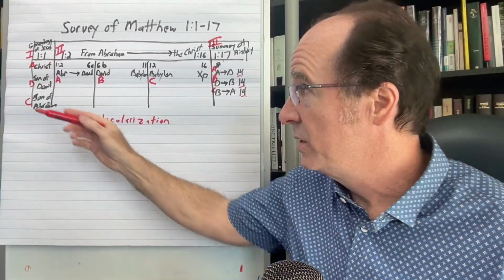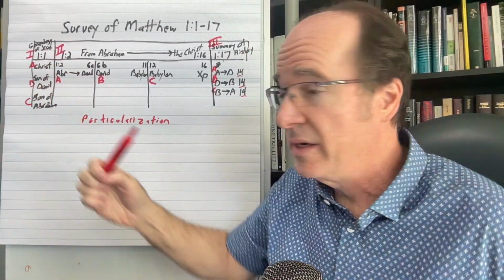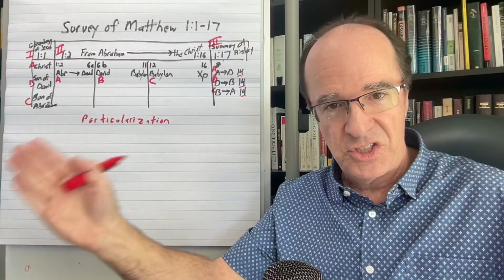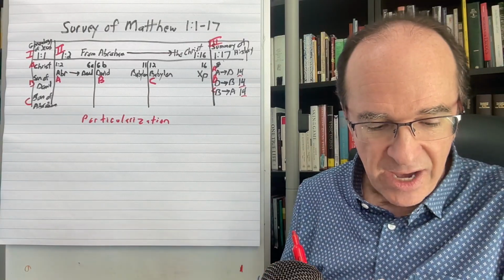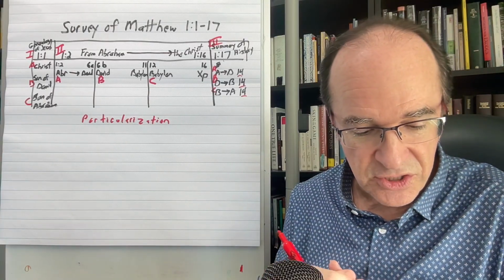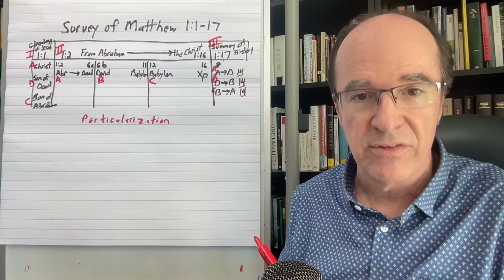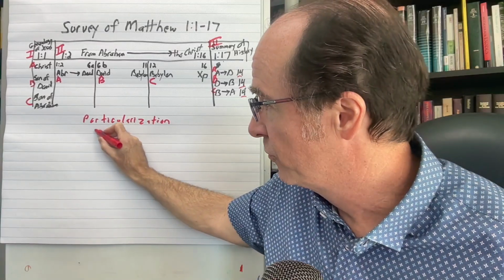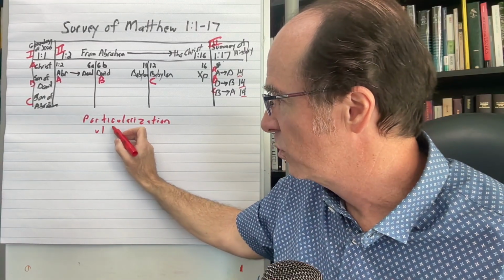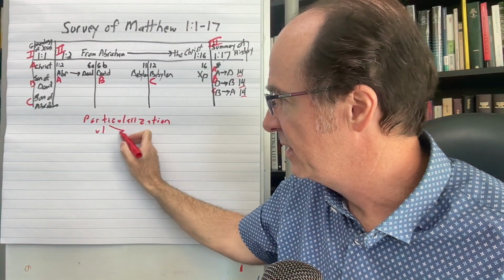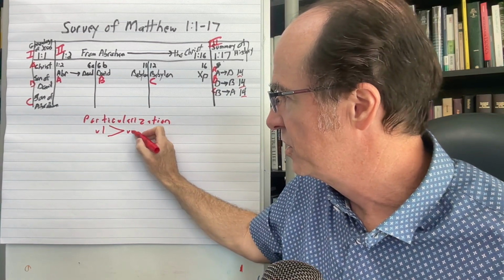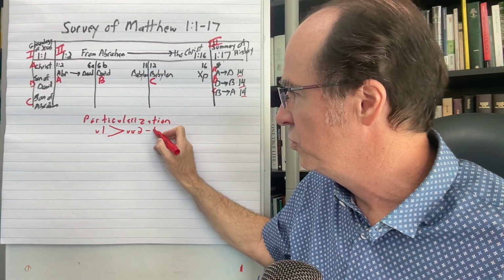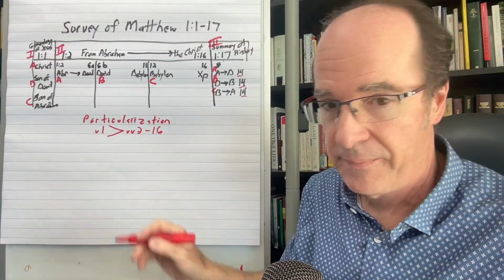And notice that verse 1 is a broad statement. It says, an account of the genealogy of Jesus, the Messiah, the son of David, and the son of Abraham. So that would be the general statement. And so verse 1 is the general statement, and its particulars would be verses 2 to 16.